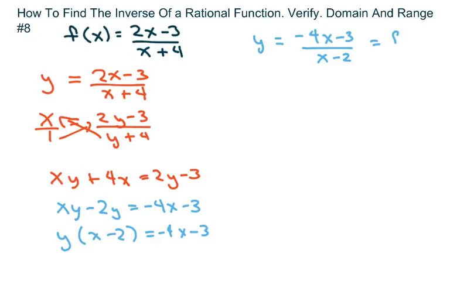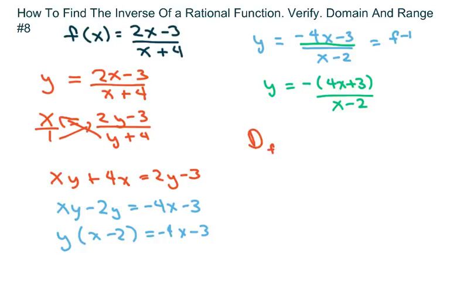And this is your inverse. Now what I suggest when you have something like this is to go ahead and pull out that negative, because it's going to make it a little easier when you compose these.